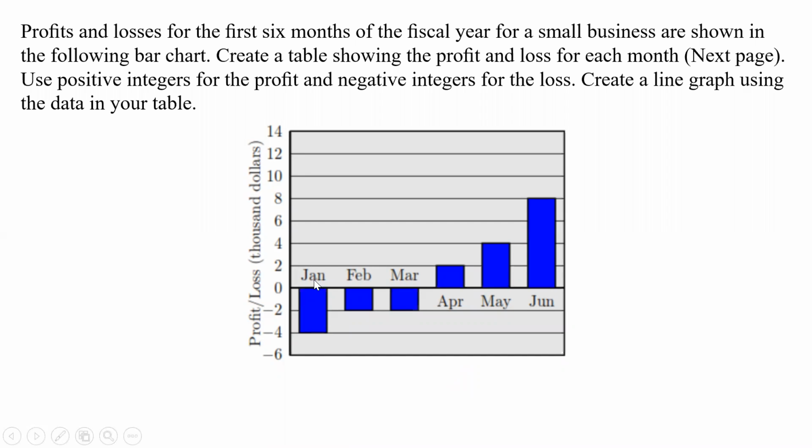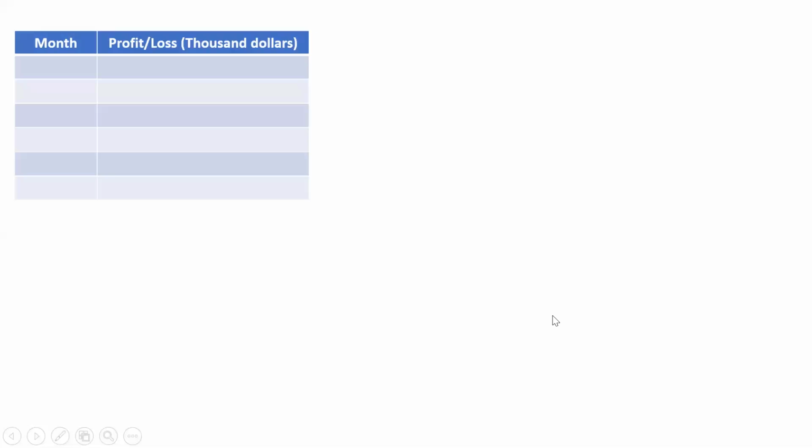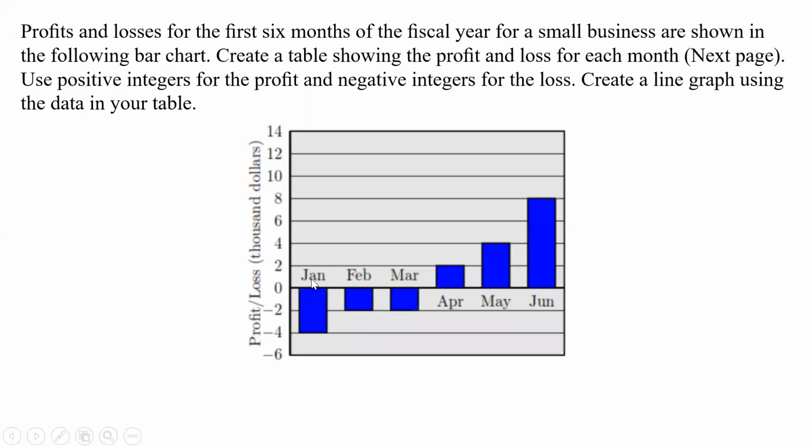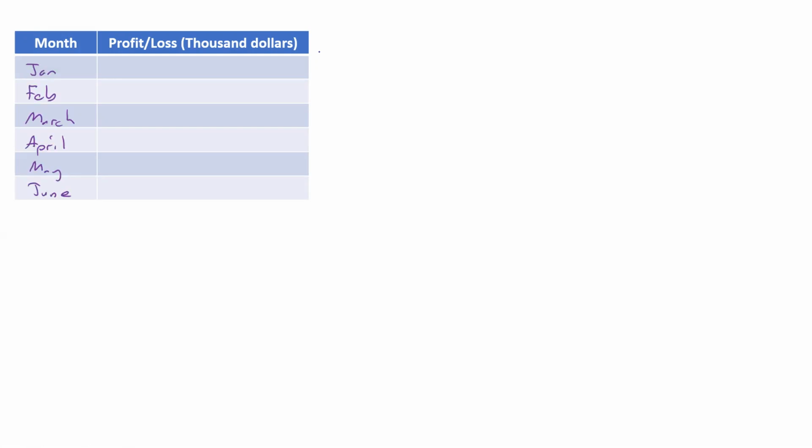All right, so we have January through June. So let's go ahead and write our months here. So we have January, February, March, April, May, and June. Now we need to find out our profit or loss for each of those months. Well, January, guess what? We're down here at a negative 4, and it's negative 4,000. I put these are thousands of dollars, so it's a negative 4,000.